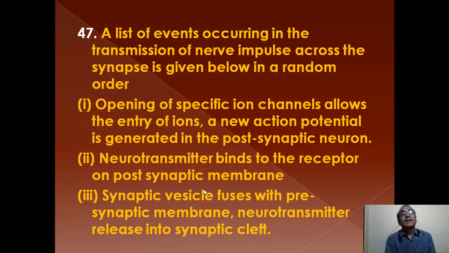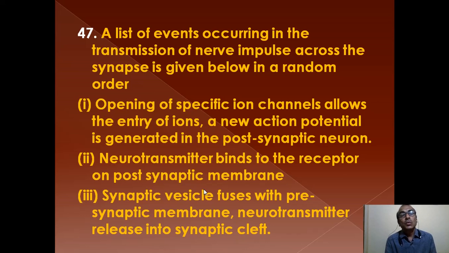Question number 47. A list of events occurring in the transmission of nerve impulse across the synapse is given below in a random order. Now let us read out the statements given there. Opening of specific ion channels allows the entry of ions. A new action potential is generated in the post-synaptic neuron. So we see that this is after the synaptic transmission.